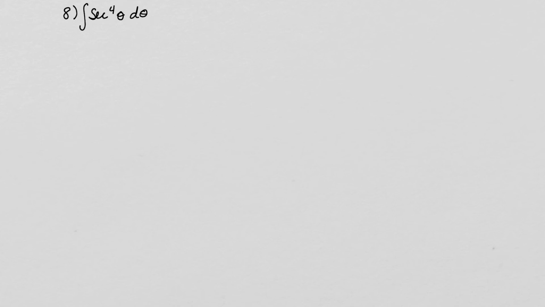If we use the reduction formula, we end up with the secant squared theta tangent of theta divided by n minus 1, so that's going to be 4 minus 1, plus 4 minus 2 over 4 minus 1, the integral of the secant to the 4 minus 2 theta d theta. This shouldn't have been an x, it should have been a theta.